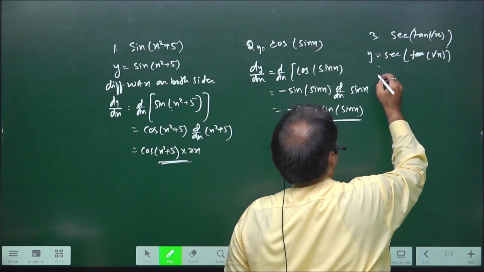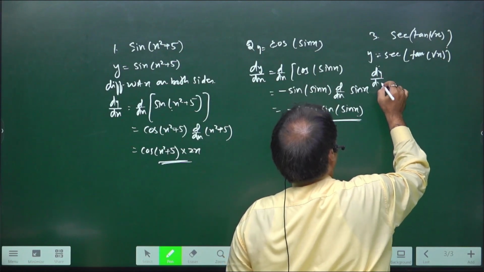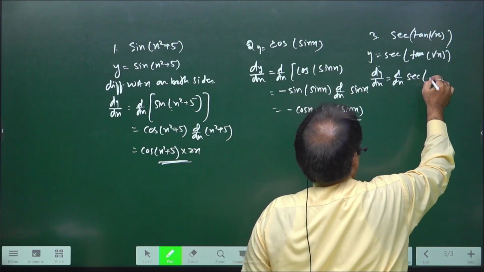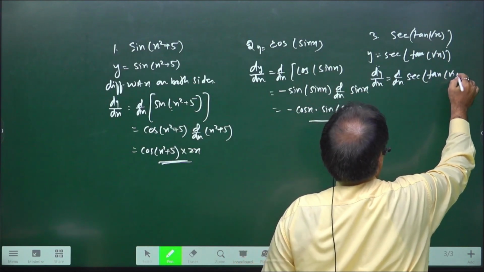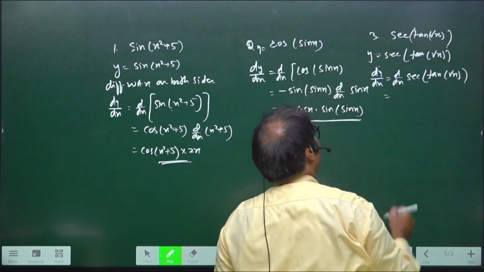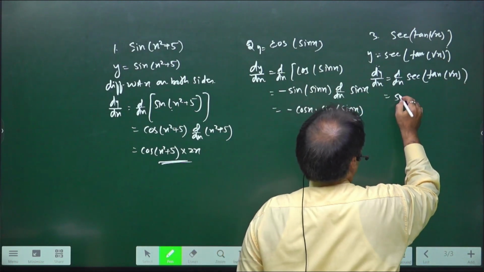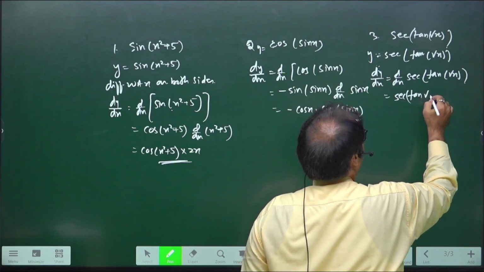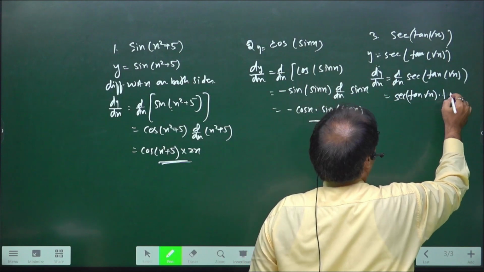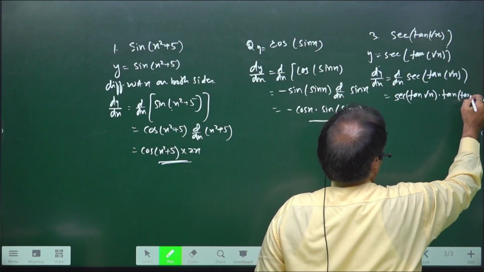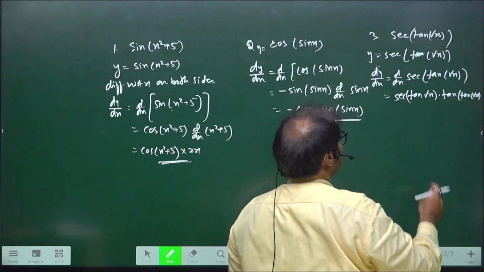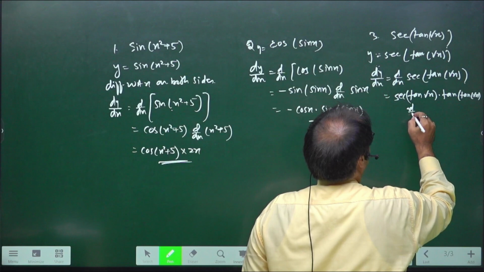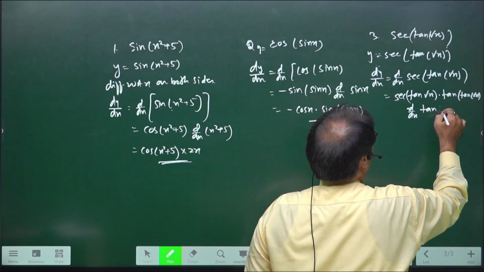This represents theta. So dy by dx is equal to d by dx of sec of tan of root x, right? The derivative of sec theta is sec theta into tan theta. So theta is tan of root x, sec theta into tan theta, sec of tan root x into tan of tan root x, and into d by dx of tan of root x.